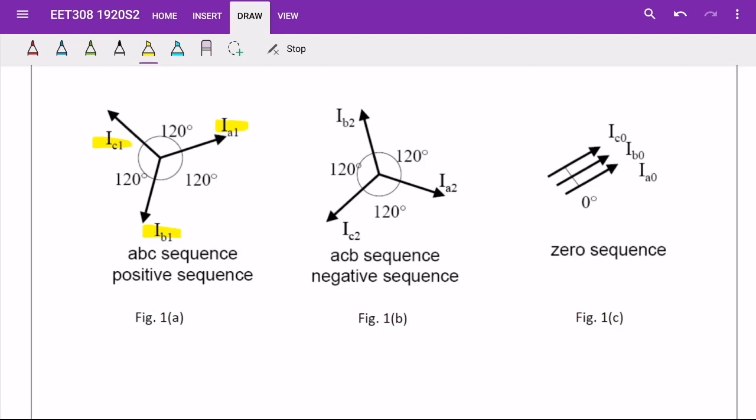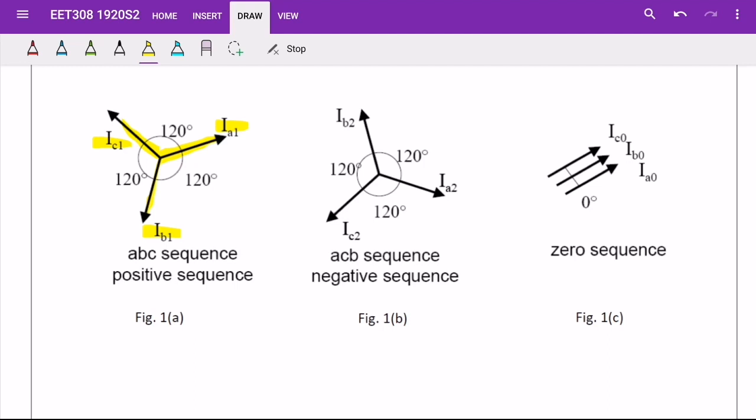Positive sequence has equal magnitudes. Therefore, the length of the arrow of this phasor diagram is equal as well. Each symmetrical component of current for this positive sequence has 120 degrees phase displacement.